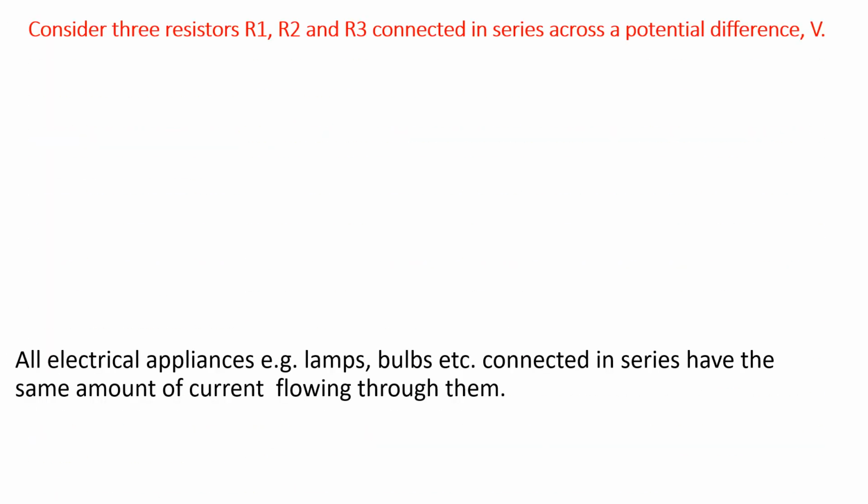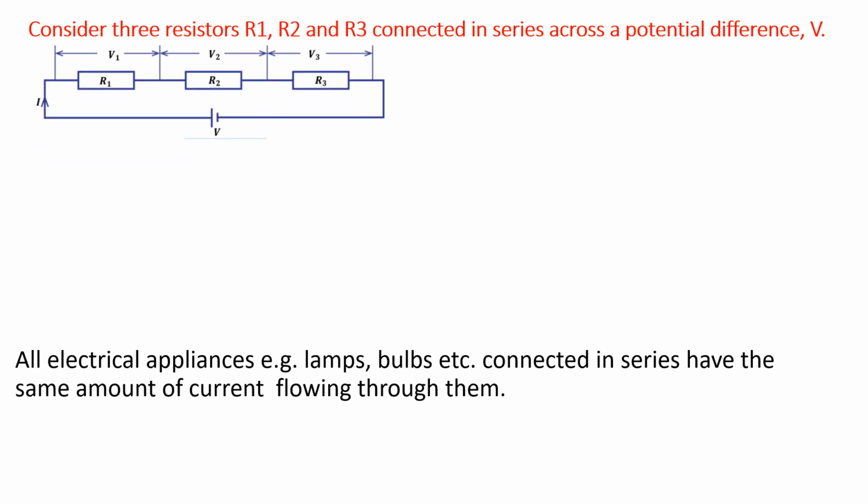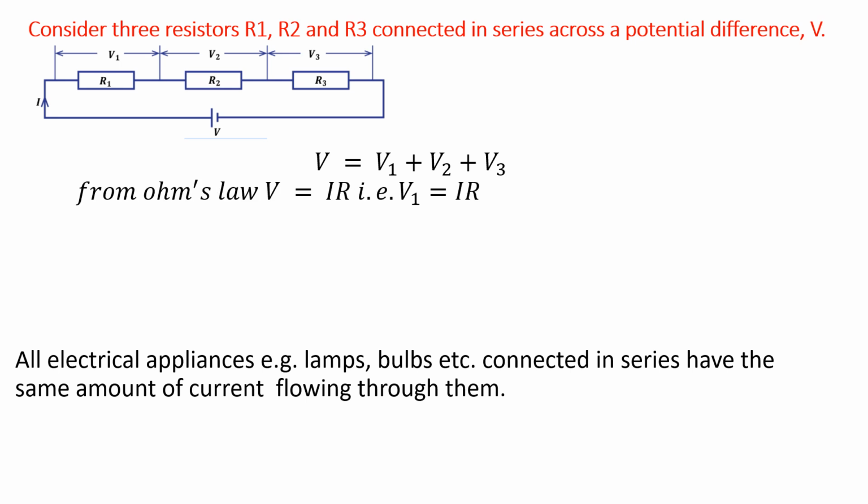Let's consider three resistors, R1, R2, and R3 connected in series across a potential difference V. As you can see, each resistor or each appliance has a voltage across it, meaning the total voltage V1 plus V2 plus V3 is equal to the applied voltage, and from Ohm's law we are going to substitute.